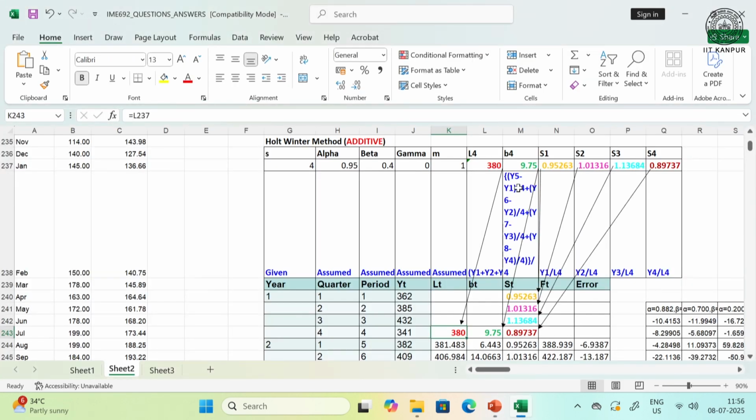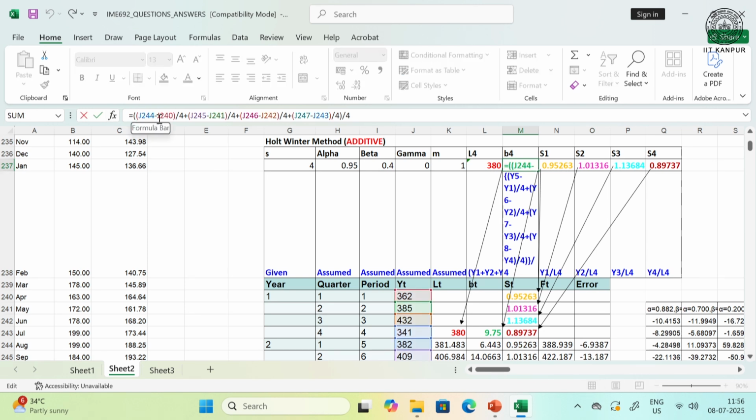If you see this formula, it is y5 minus y1, which would be 382 minus 362, that is J244 minus J240. You find that difference and divide by 4, because there are 4 time periods.